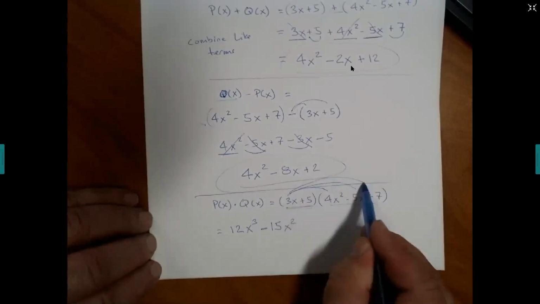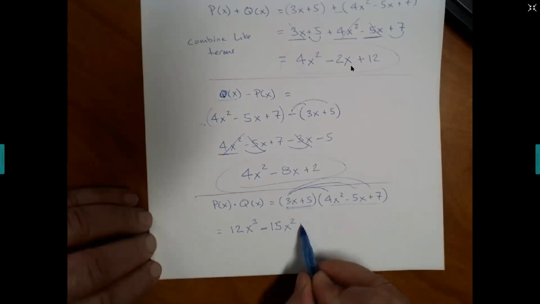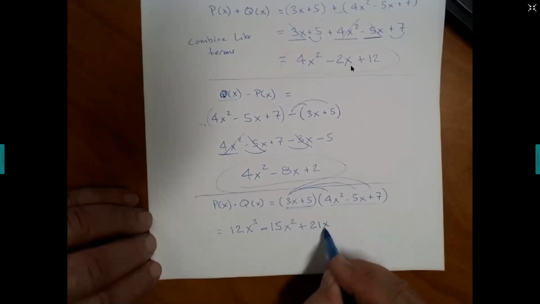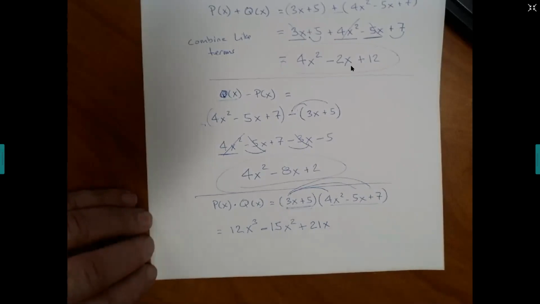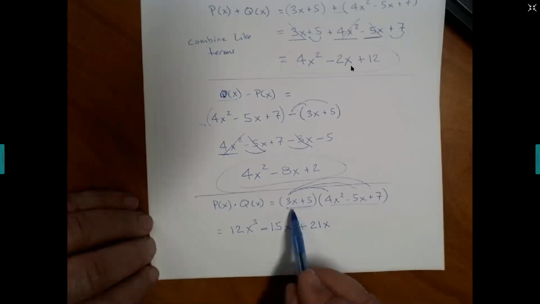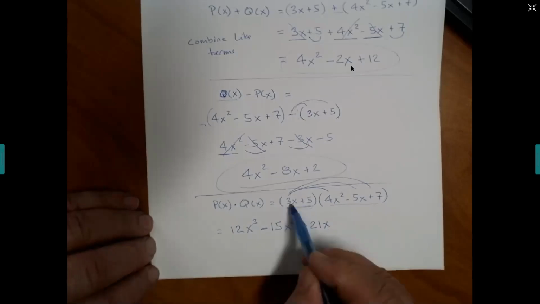And the next one. Positive times positive is positive. 3 times 7 is 21 x. Okay, so that's the first one. Multiply it 3 times, it's finished.